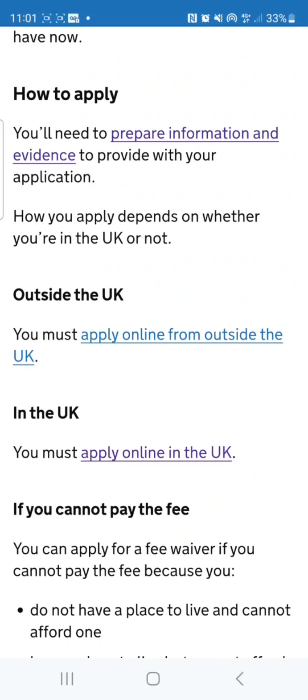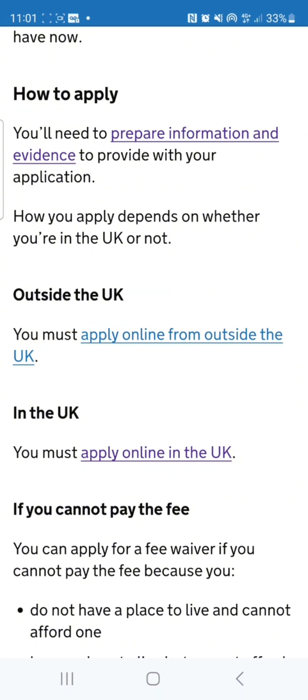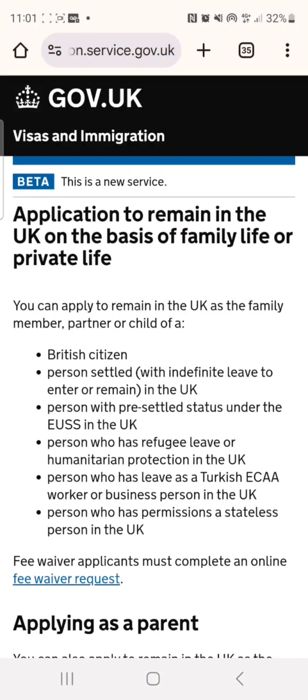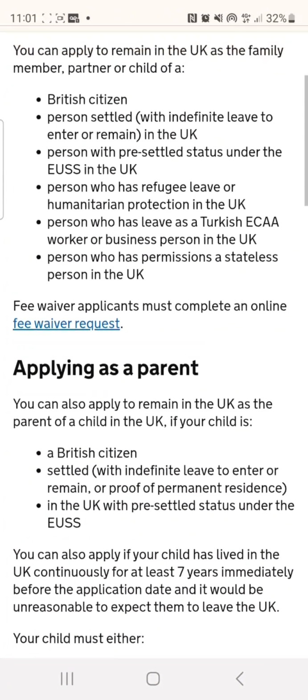How to apply? You need to prepare information and evidence to provide with your application. Outside the UK, there is also a link. You can apply outside. In the UK, you must apply online. So if I click here, it comes up.